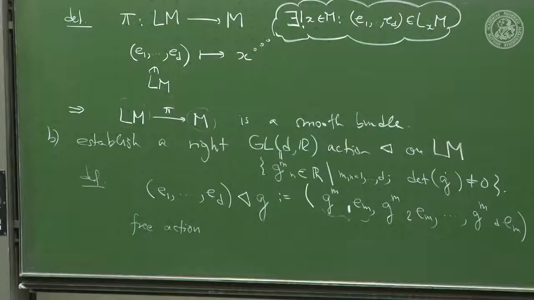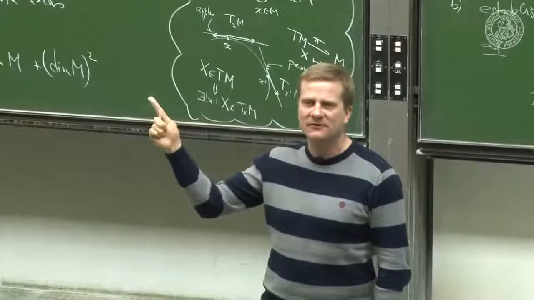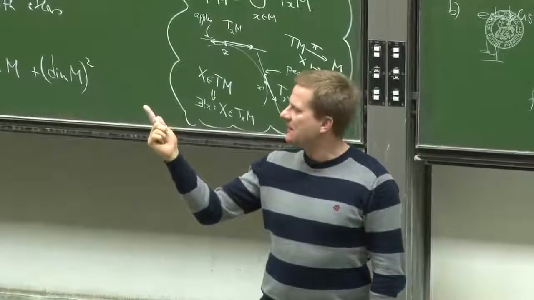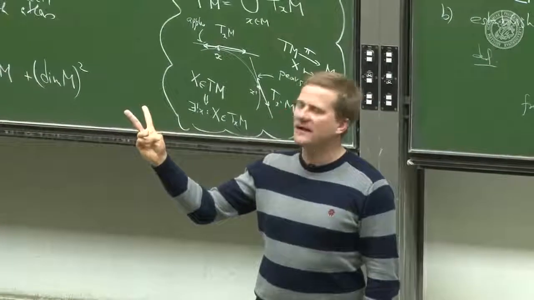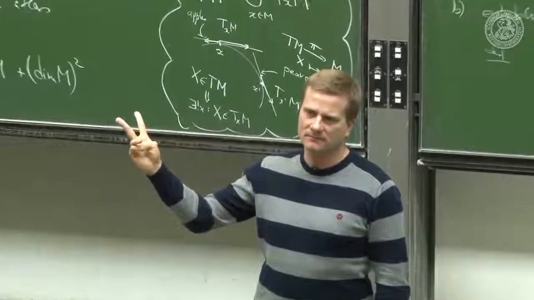And that's precisely what happens. If you just have one vector, then I can find GL transformations that are not the identity that keep the vector invariant. If I have two vectors, I still find GL transformations that keep them invariant.